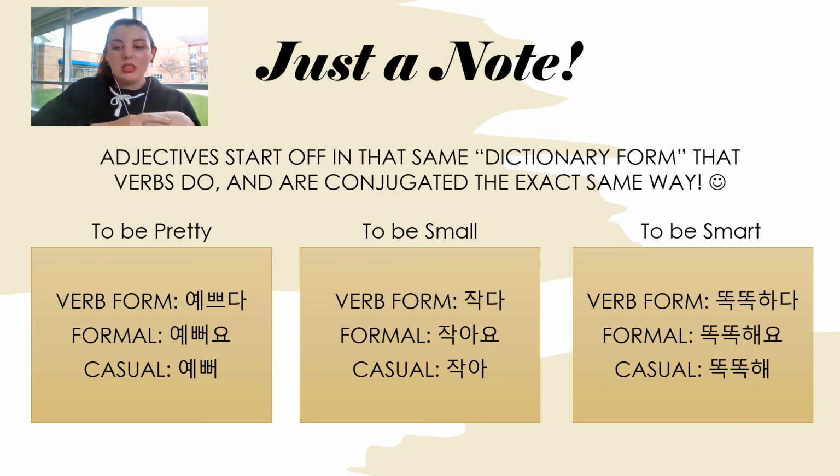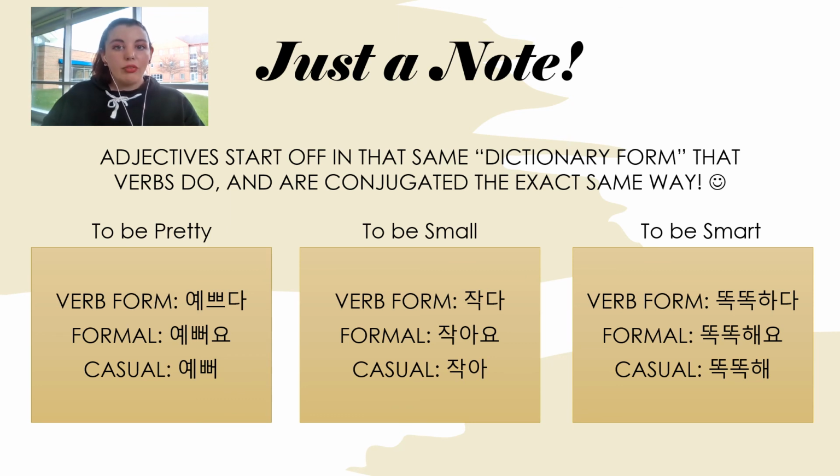And then to be smart is 똑똑하다. So remember there's the double digut, which has kind of like a more punching sound when you say it. So 똑똑하다. And then when you want to tell someone, oh, you're smart, or that's so smart, you say 똑똑해요.